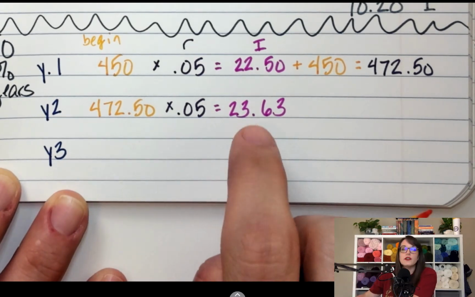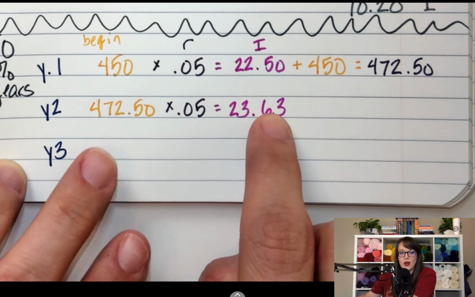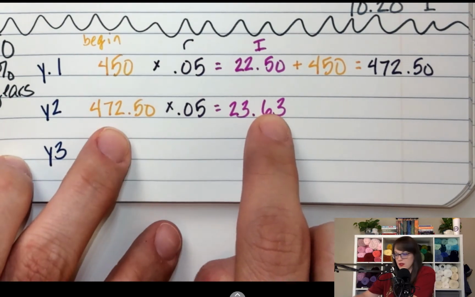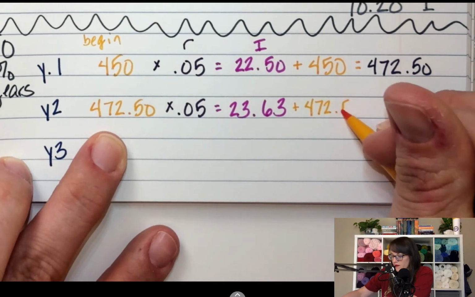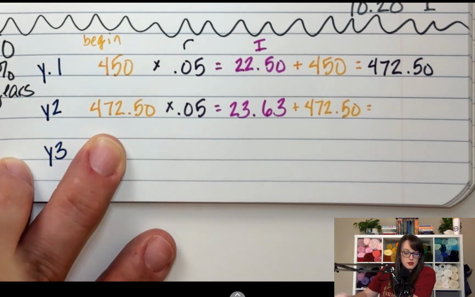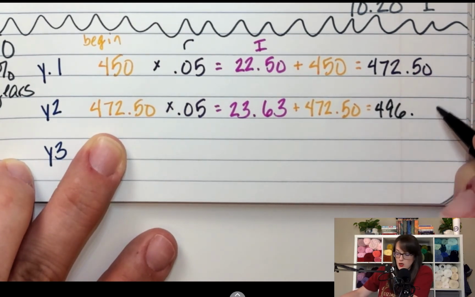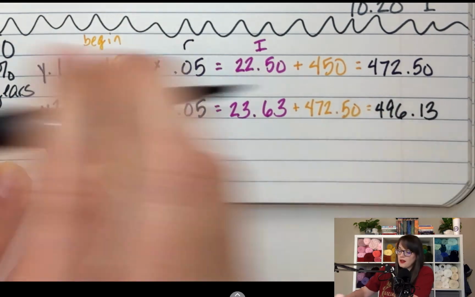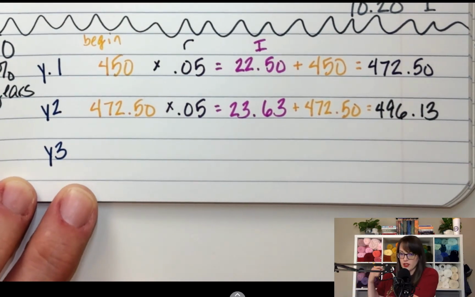Then, if I earned this much interest, I have to add it back to what I had at the beginning of the year. So I have to add 472.50, which equals 496.13.